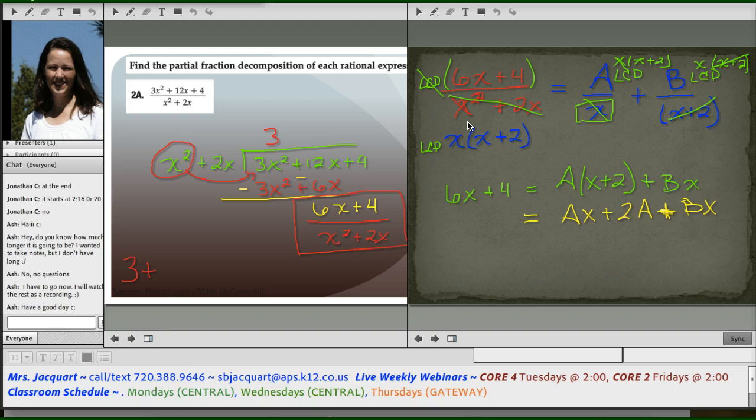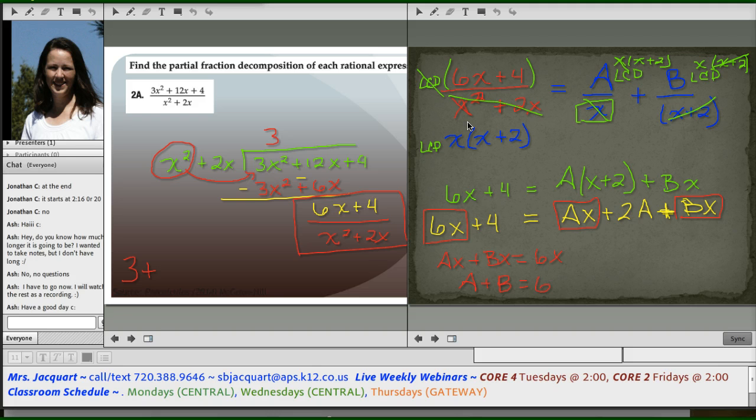Okay, this is an x term, this is an x term, and this is an x term. So I'm going to set ax plus bx equals 6x, which then becomes a plus b equals 6.